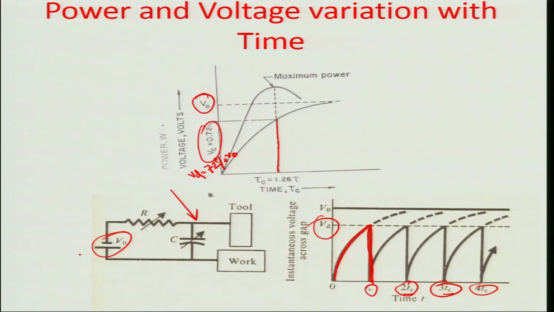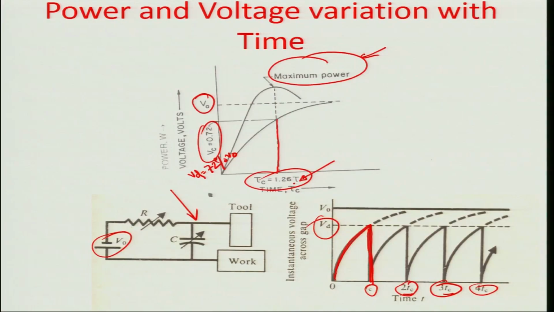And if we plot the VI product, which is the power, it would be maximum at a total time TC equal to about 1.26 times the time constant of the charging circuit. So this is the operational extent up to which the circuit should ideally be operated for maximum power transfer to take place.